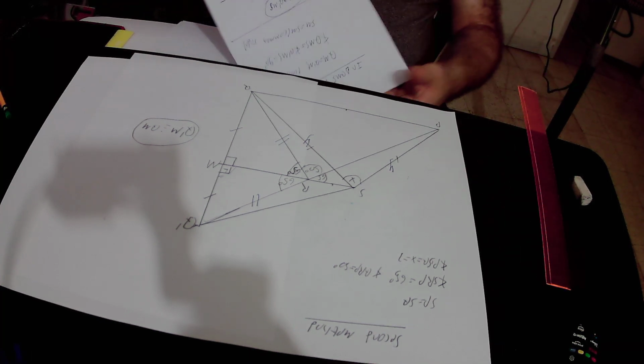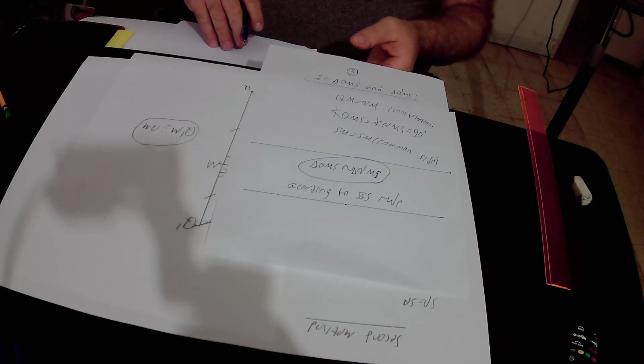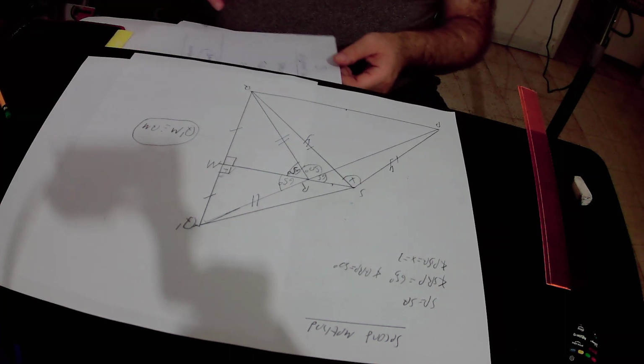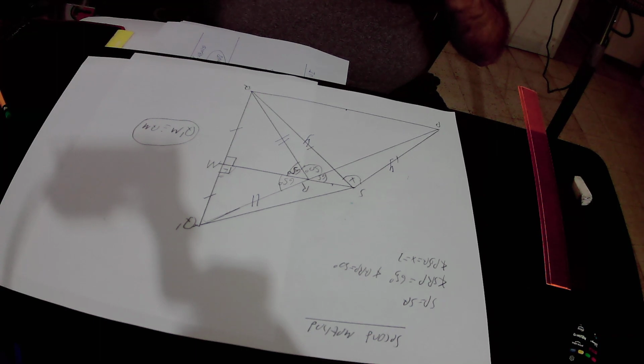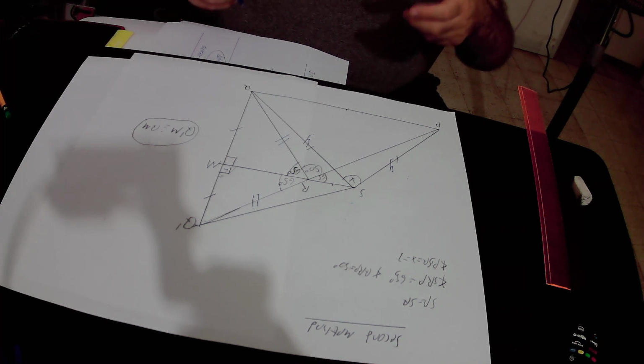So, according to the side rule, what is the side rule? If you prove that three sides of one triangle are correspondingly equal to three sides of the other triangle, then you prove that those two triangles are congruent according to the side rule.